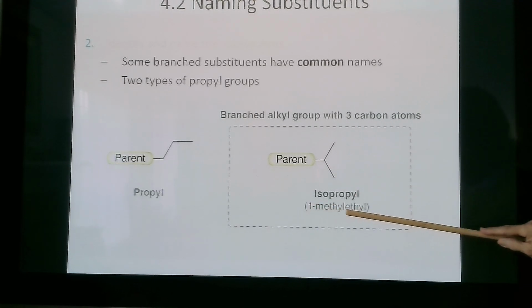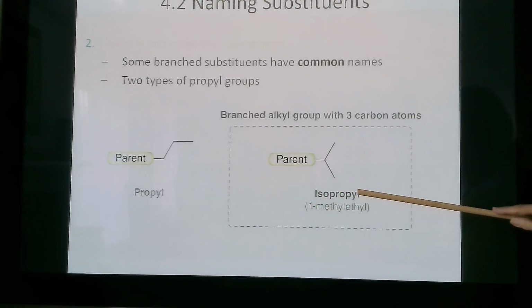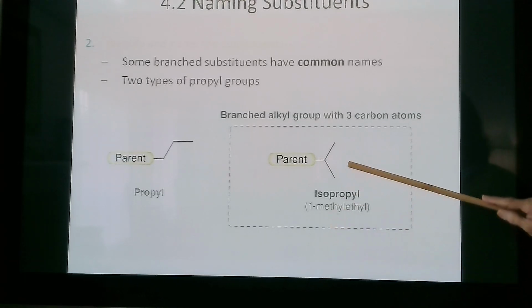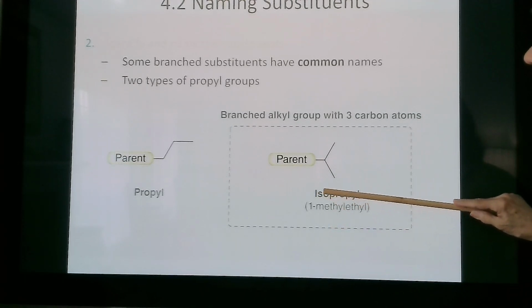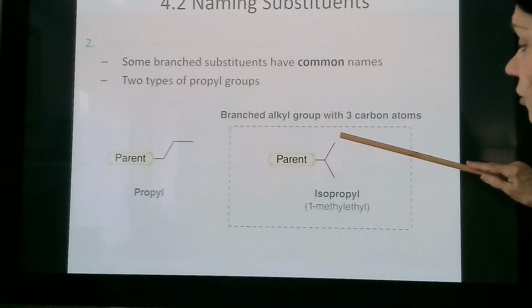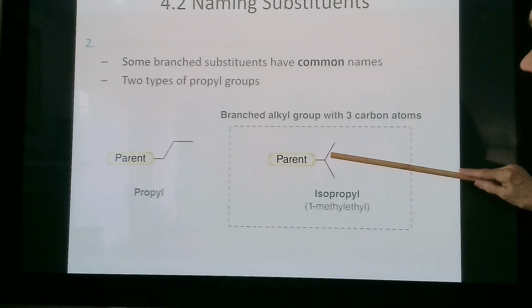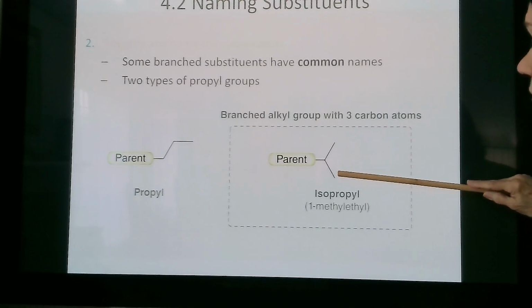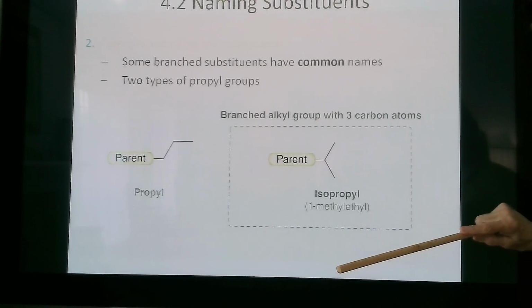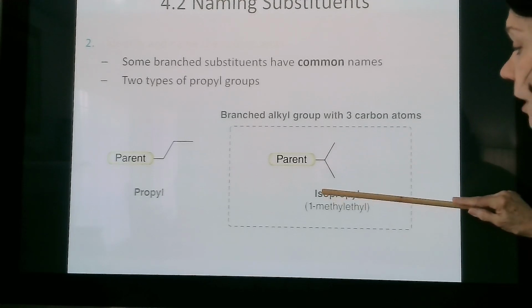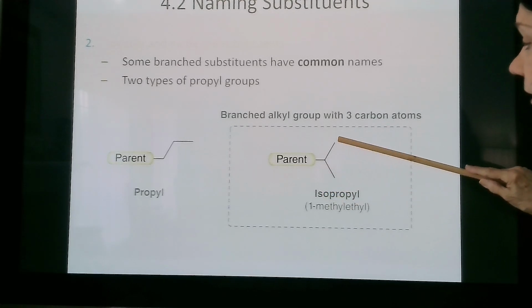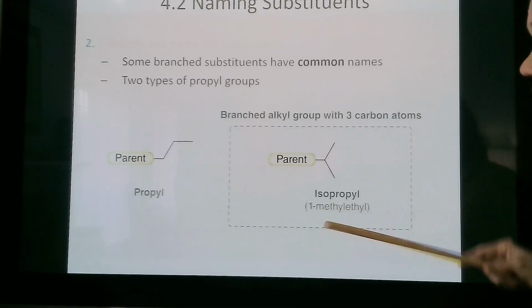So this is the IUPAC system. This is the common name system. Okay? You're going to see that this iso means that you have this characteristic CH3, CH3 group. The iso typically designates CH3, CH3.